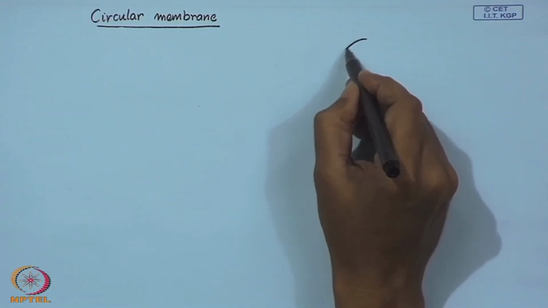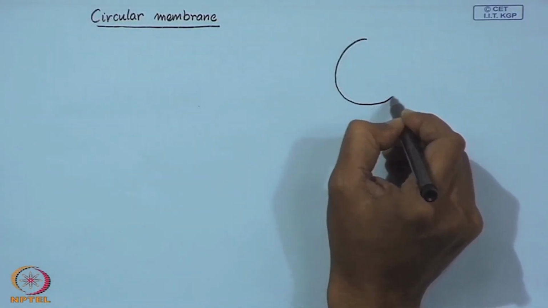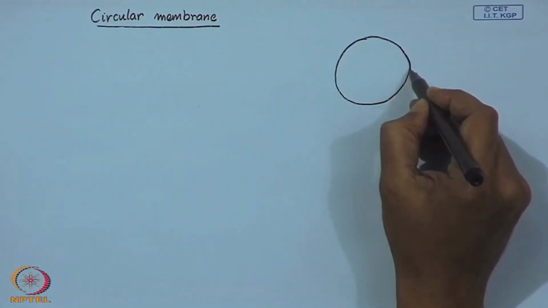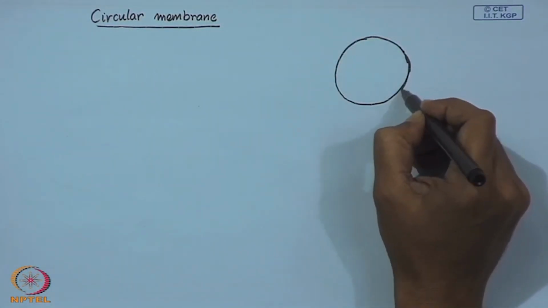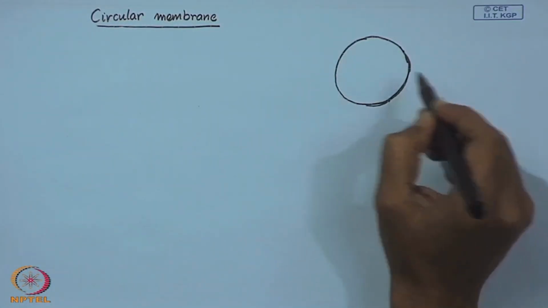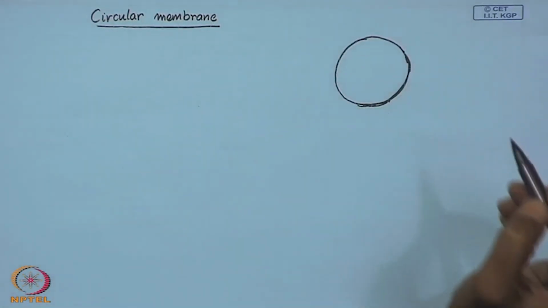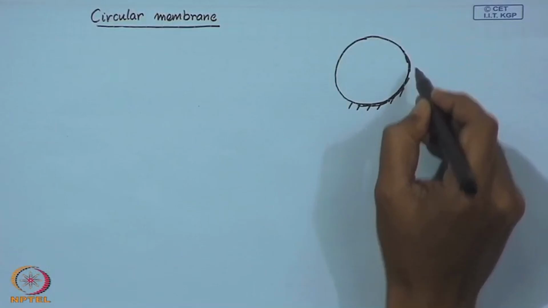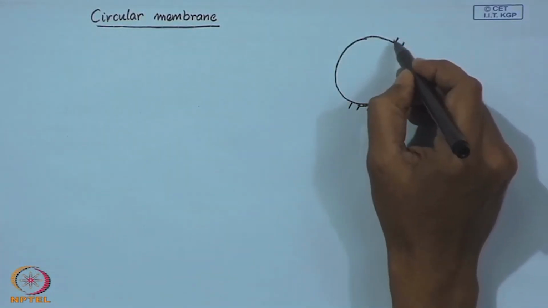So, consider this as a circular membrane. We are going to consider a membrane with a fixed edge.